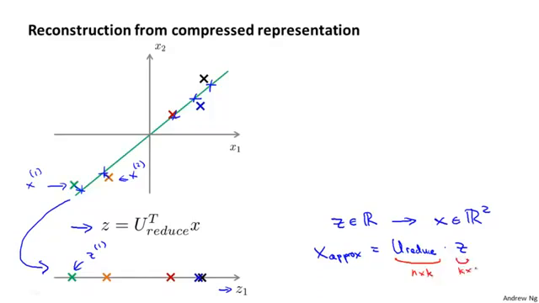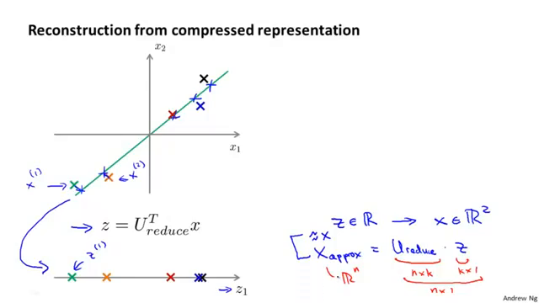Z is going to be a k by 1 dimensional vector. So when you multiply these out, that's going to be n by 1. And so X approx is going to be an n-dimensional vector. And so the intent of PCA, that is if the squared projection error is not too big, is that this X approx will be close to whatever was the original value of X that you had used to derive Z in the first place.